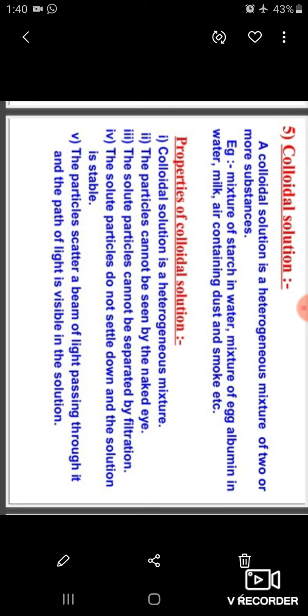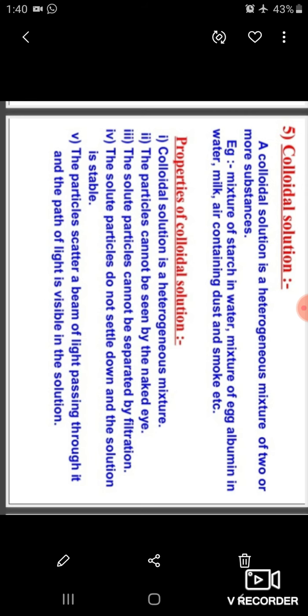In a suspension, the particles settle at the bottom of the beaker, but in a colloidal solution, the solute particles do not settle down.